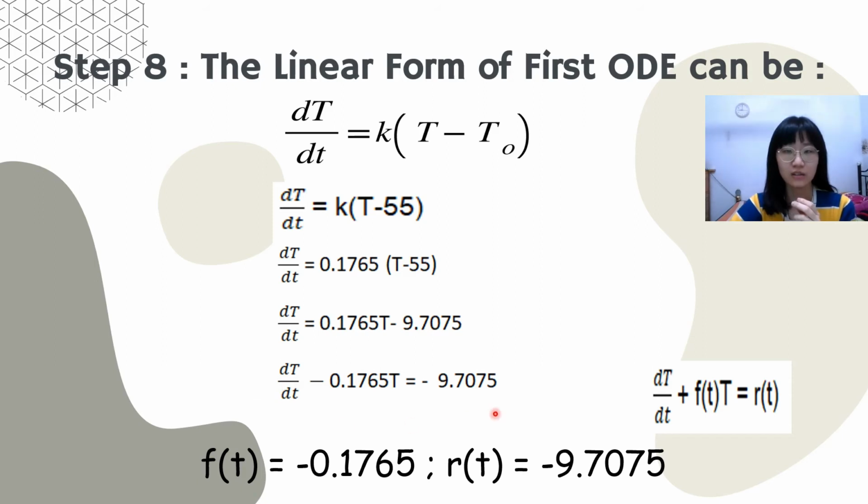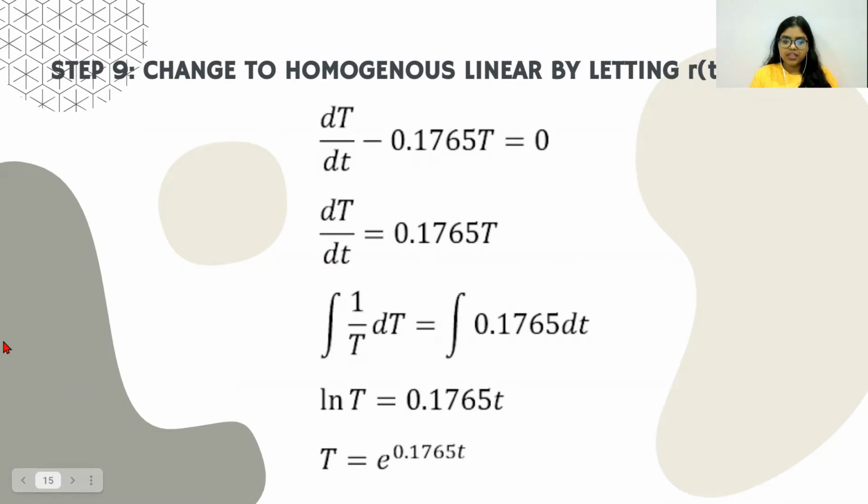From this linear first order ODE, we get f(t) equals negative 0.1765, and r(t) equals negative 9.7075. So that's all from me. I will pass the next step to my groupmate Ealvina. Thank you. My name is Ealvina with matrix number 206611.